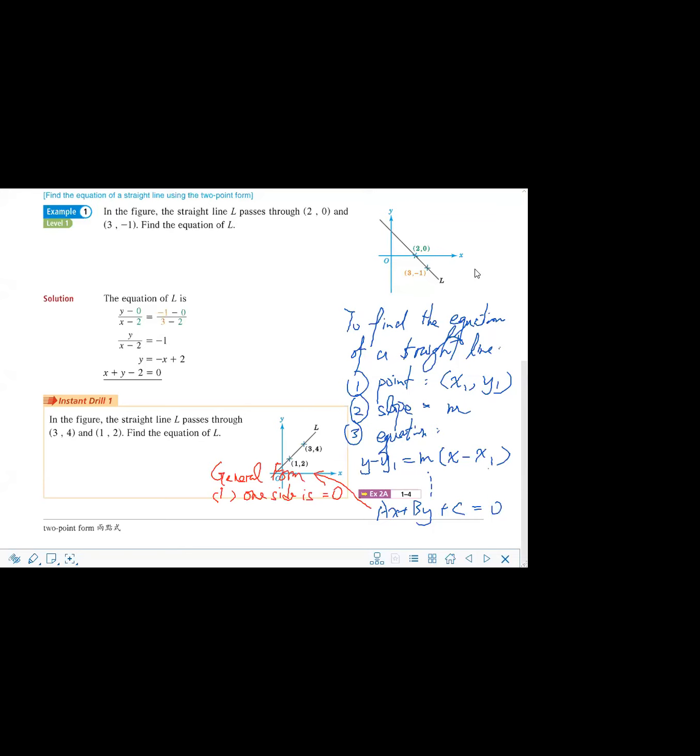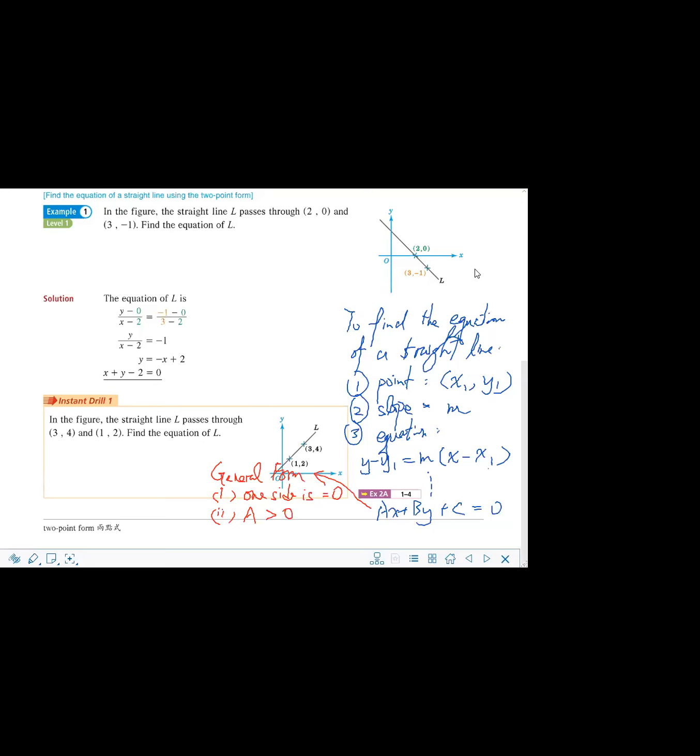So only one side is 0, which means that we need to move all the terms to the other side. But which side is that? Normally we will make a to be positive, so we want the x term to be a positive term. If the x term on the left hand side is a negative term, then we will move all the terms to the right hand side.